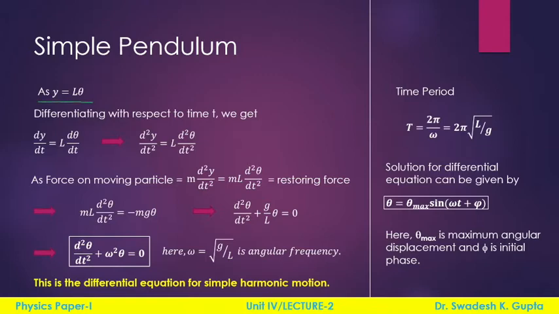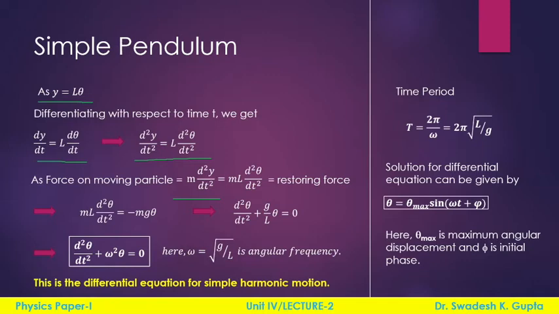Now if we differentiate it two times with respect to time t, then we will get this, and as we already know, force is equal to mass into acceleration, where acceleration is d2y by dt square.